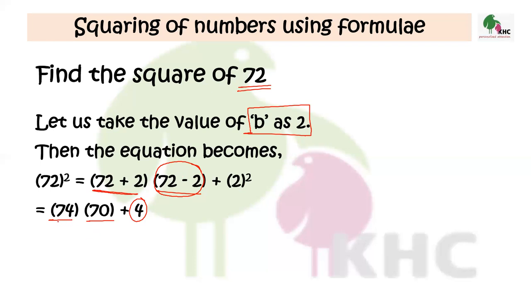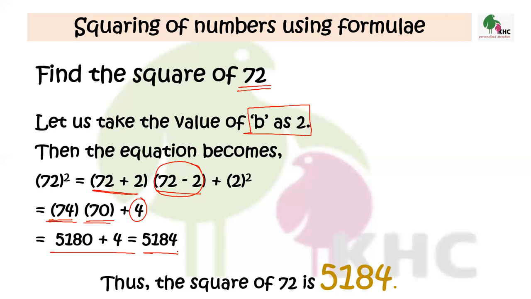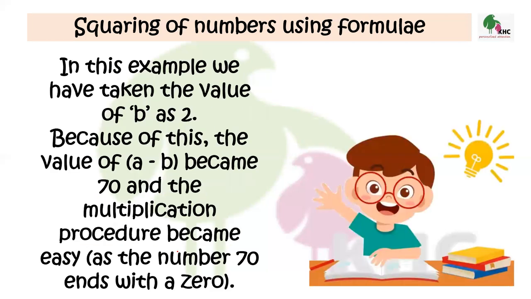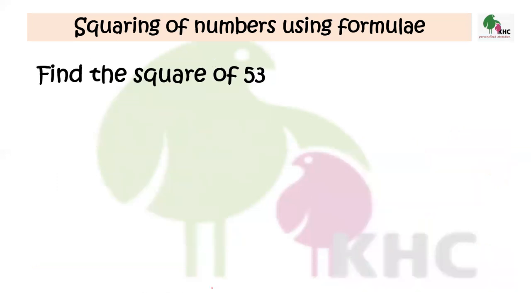That way you get 74 times 70, which is equal to 5180, plus 4, 5184. So the square of 72 is 5184. In this example, we have taken the value of b as 2. Because of this, the value of a minus b becomes 70, because of which the multiplication becomes easy as the number 70 ends with 0 and it is easy to solve.